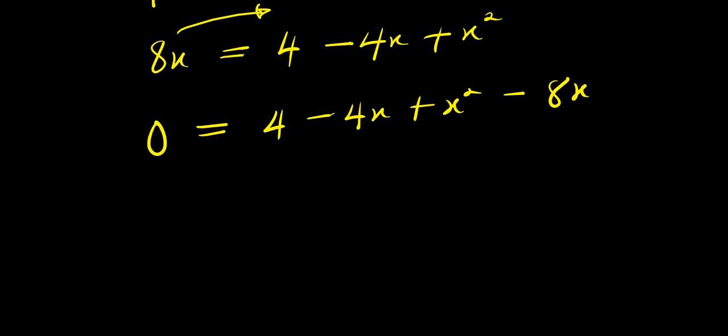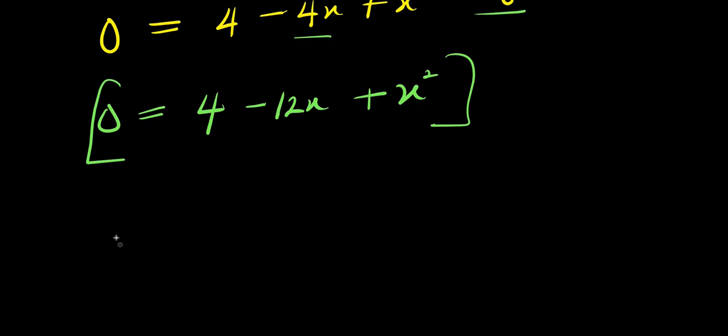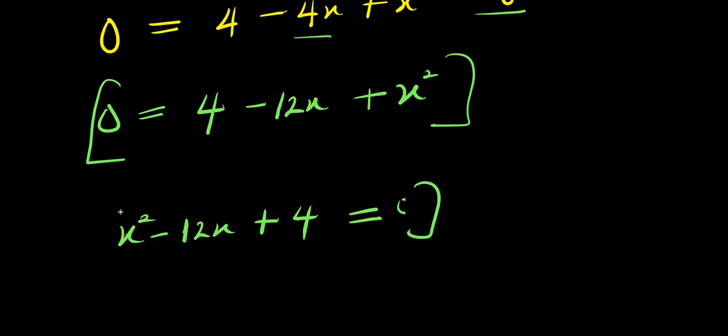So from here, I have 0 equals 4, minus 4x minus 8x, this is minus 12x, plus x squared. So let's rearrange this equation. So from here, I have x squared minus 12x plus 4 equals 0.